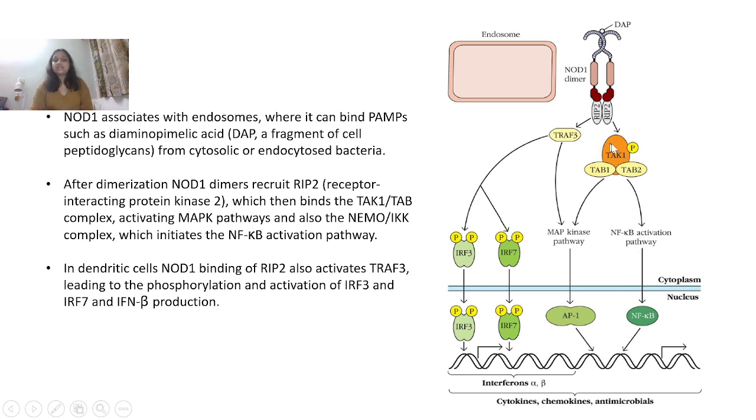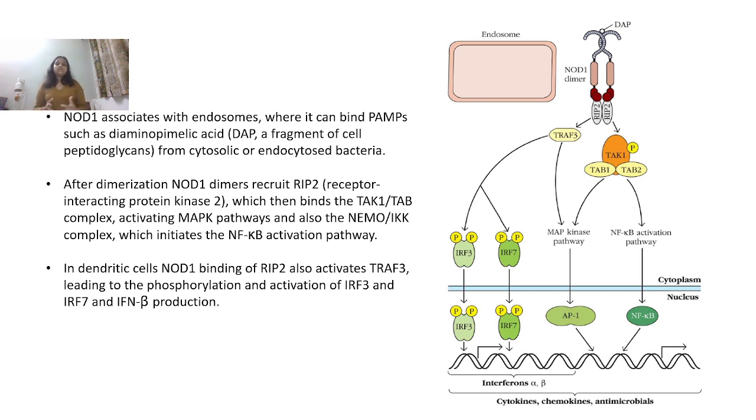In another way, especially in dendritic cells, it can also activate TRAF3, which leads to phosphorylation. And as I told, in case of endosomal TLR, IRF3 and IRF7 and all these transcription factors move into the nucleus to regulate the transcription of these different types of cytokines, chemokines, ISGs, and antimicrobial peptides.